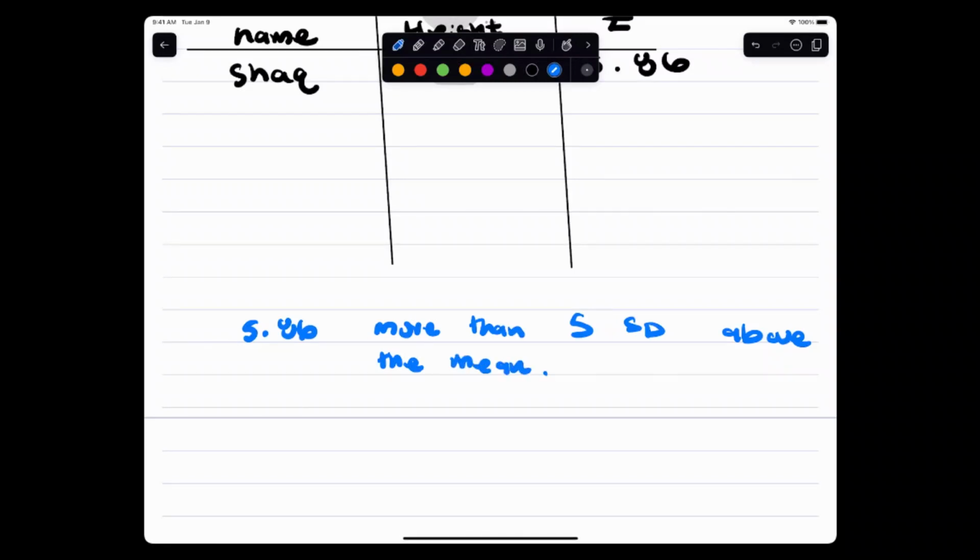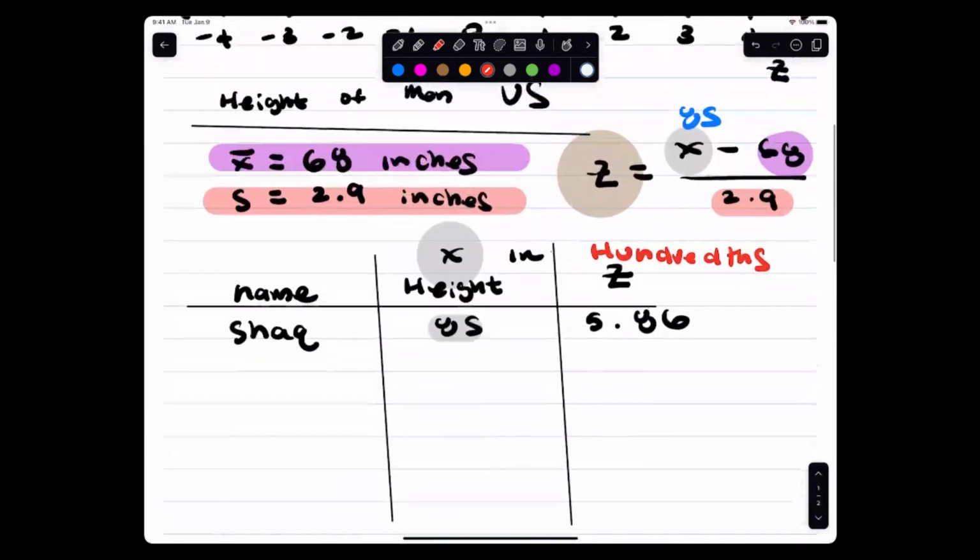Okay? Because it's really between 5 and 6. You guys understand what I'm saying? The meaning behind this number is that it's more than 5 standard deviations, and we say above the mean because it's to the right, right?